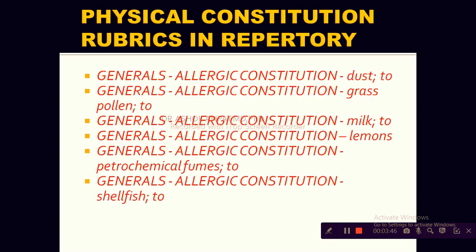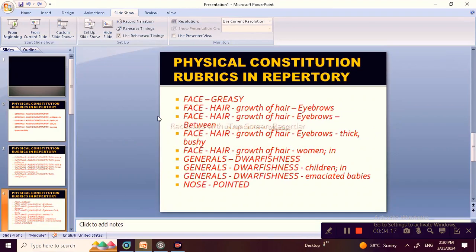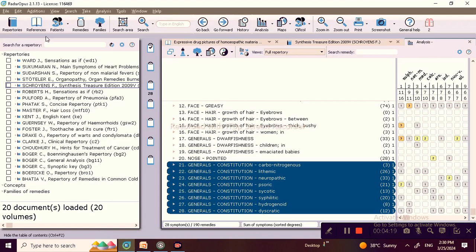Next rubrics are general allergic constitution dust to, grass pollen grains, milk to, lemons, and petrochemical fumes. And the next rubric is general allergic constitution shellfish to. So these are the important rubrics in allergic constitution.